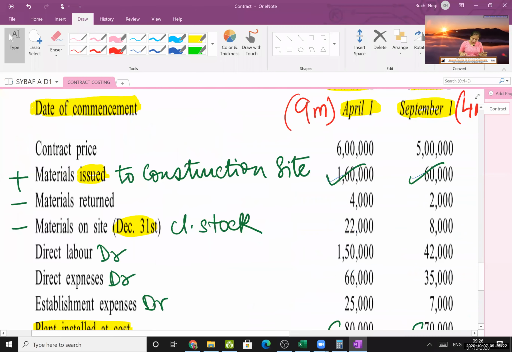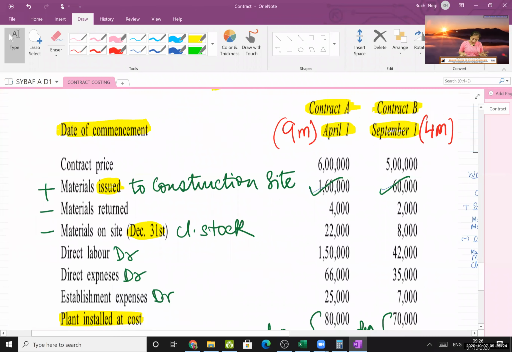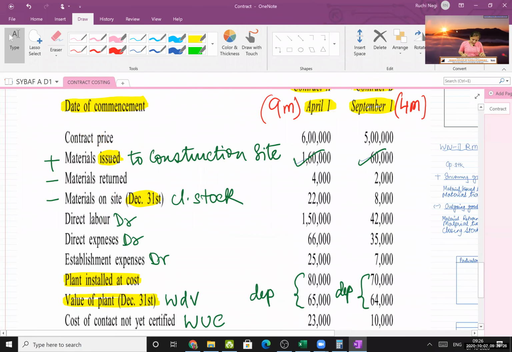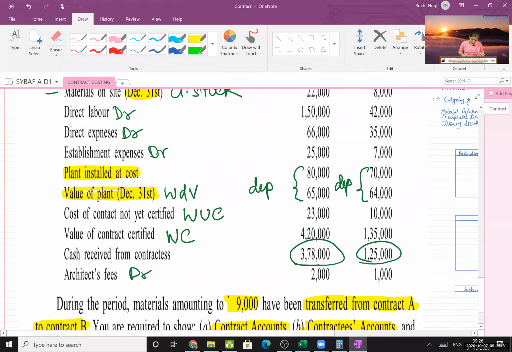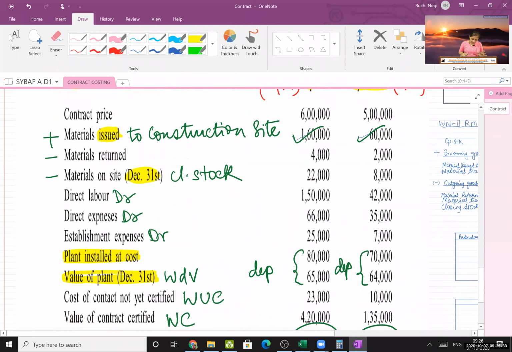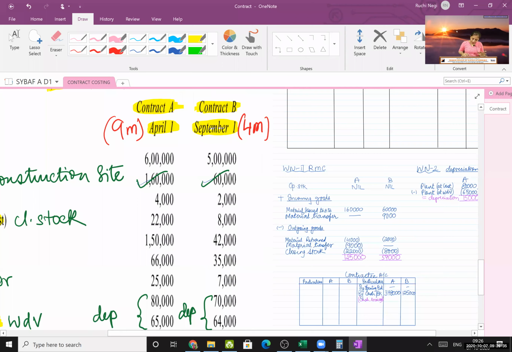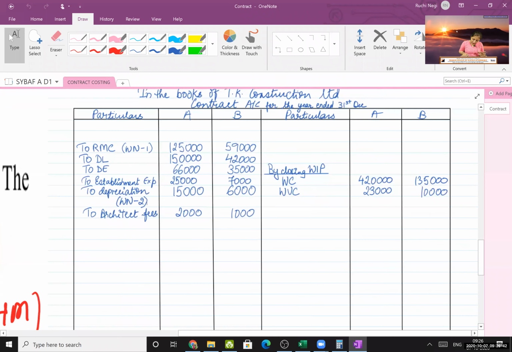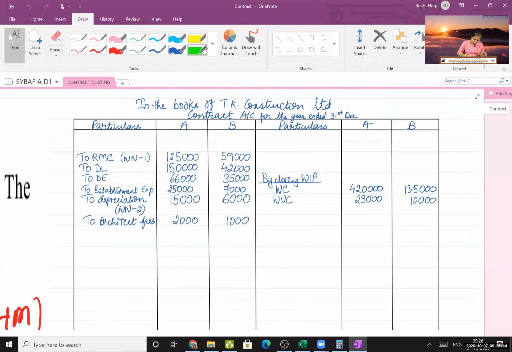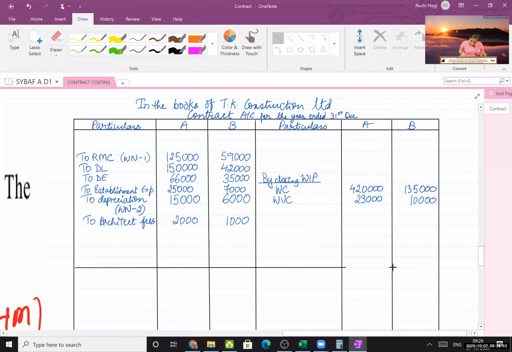I will share the screenshot. Let me first get done with the sum. So the sum is almost done. Now let us start with the calculation of notional profit. My contract related all items are completed. Now let us do the closing.